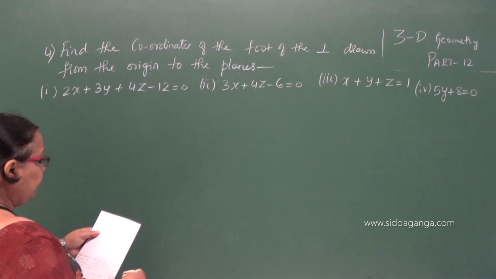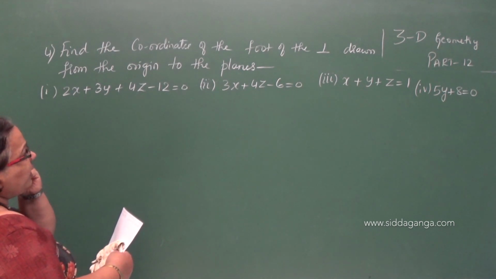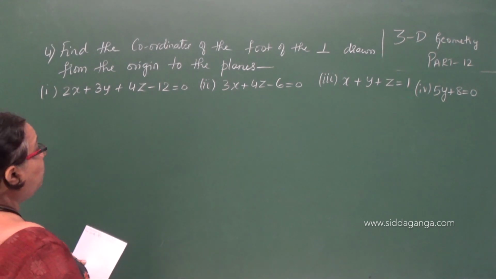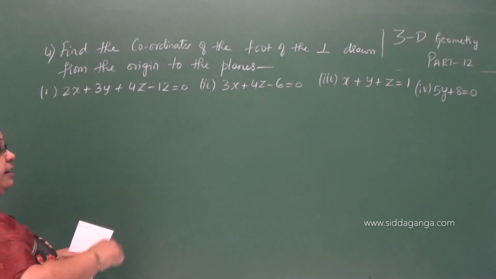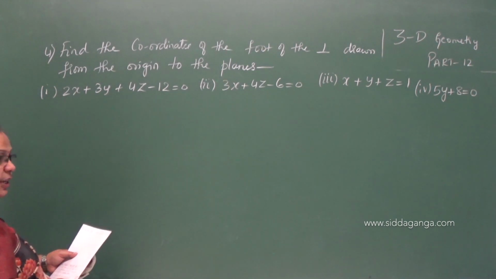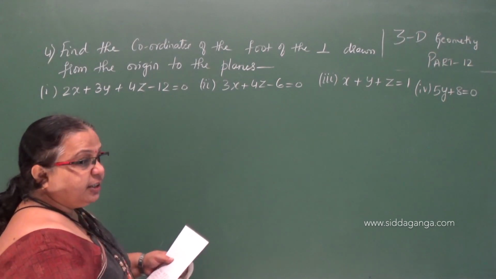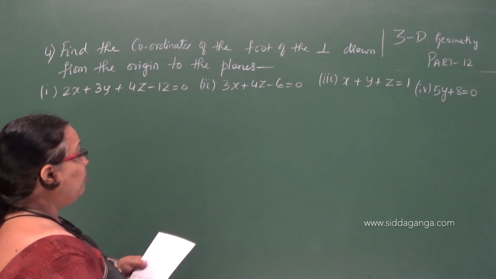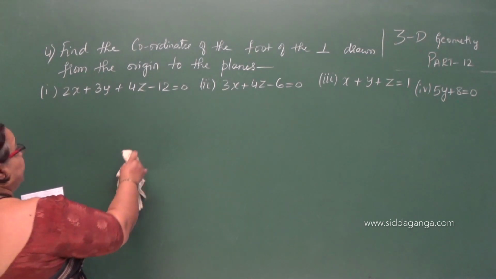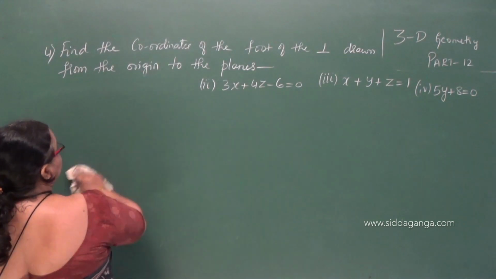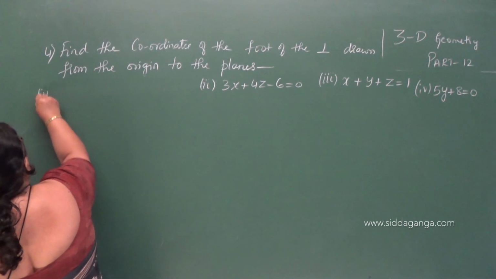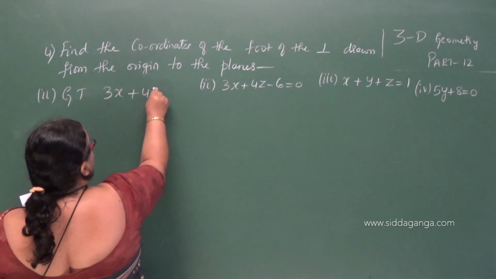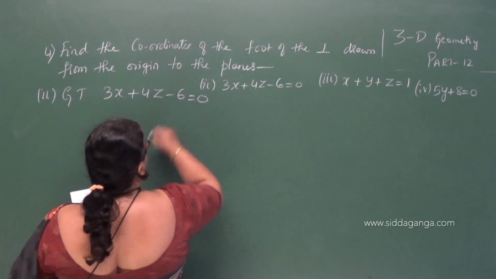Now we have to find the coordinates of the foot of the perpendicular drawn from the origin to the plane, when the equation of the plane is given. The first example has been solved, so let us consider the second problem, that is, 3x plus 4z minus 6 equals 0.